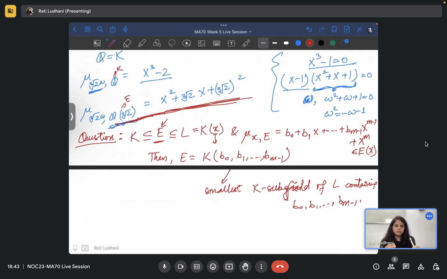Whatever you need, you just put it in this field. That just means you have x, y, whatever it is, and then you allow inverses also, so then it will become a field.